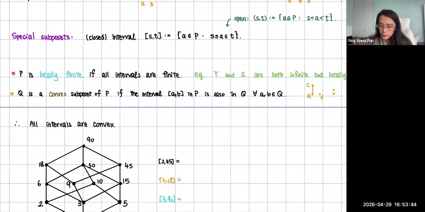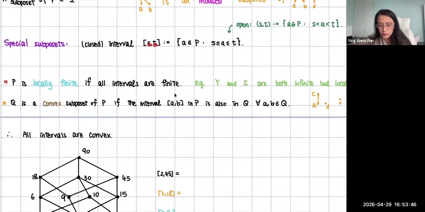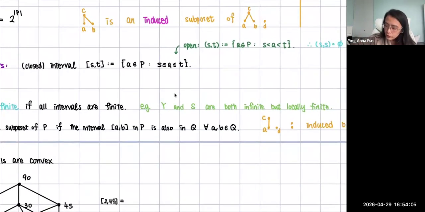Well, an interval is basically just you pick two things, S and T. First of all, assuming that they are comparable, I want to find all the things inside P that are bigger than S but smaller than T. So that's the definition here. And you can have different notations. You can have this open interval, and you can have open and closed intervals, just like our real line.